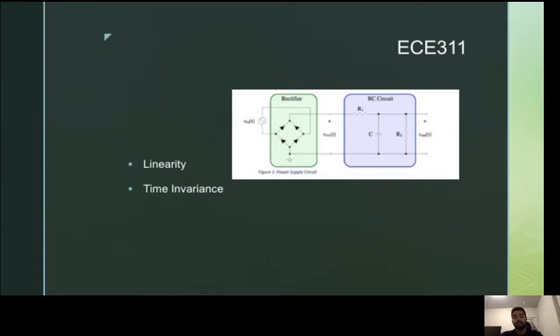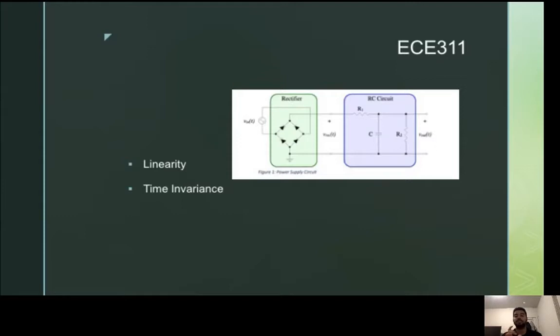Now let's look at the RC circuit. It is linear because it is built from components that are linear, so they create a linear system. About time invariance, the capacitor changes in time, but initially it doesn't change, so we say it is time invariant.